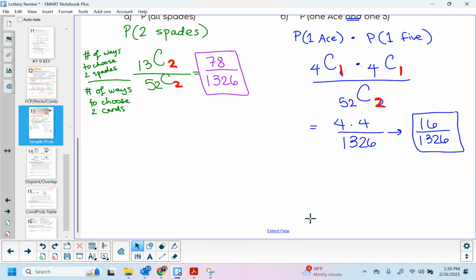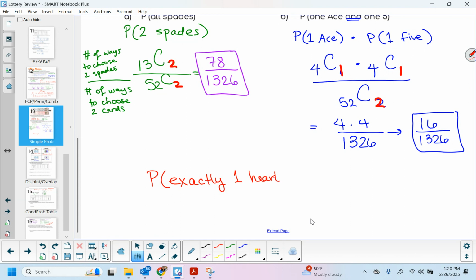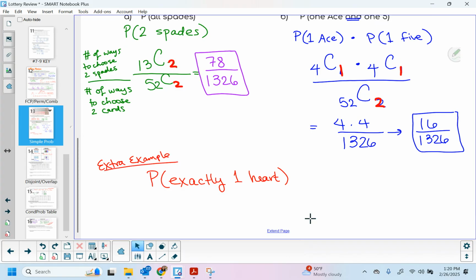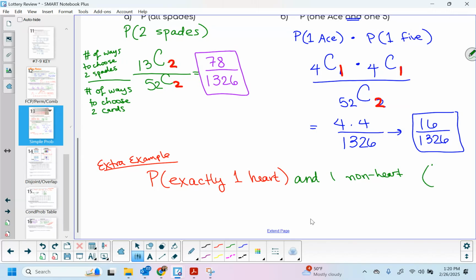This one is not on here, but if I had been asked to choose exactly 1 heart and nothing else, this is just an extra example. I know that I'm choosing 2 cards total, so I would have to add to that 1 non-heart because I need 2 cards total.